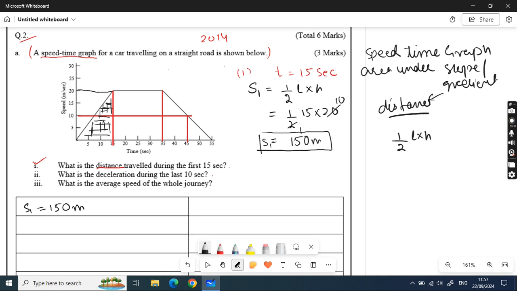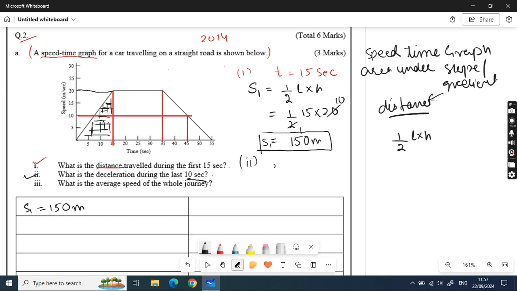Now what is the deceleration in the second part? What is the deceleration during the last 10 seconds? So what is the formula for acceleration? Here I write part 2.